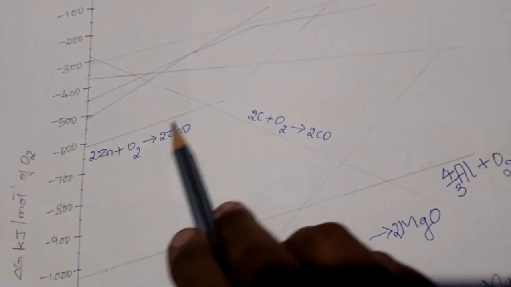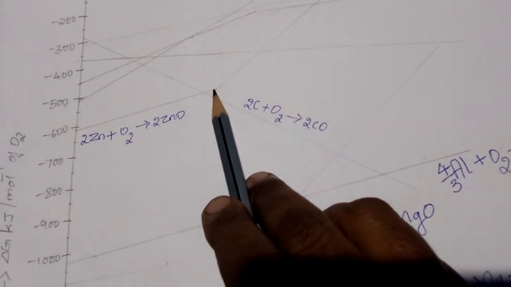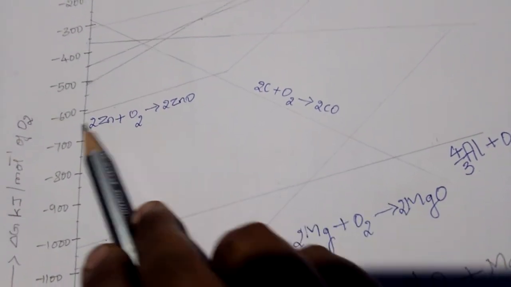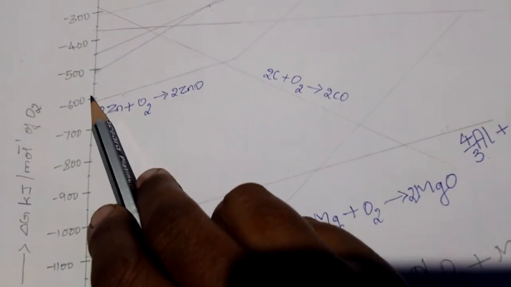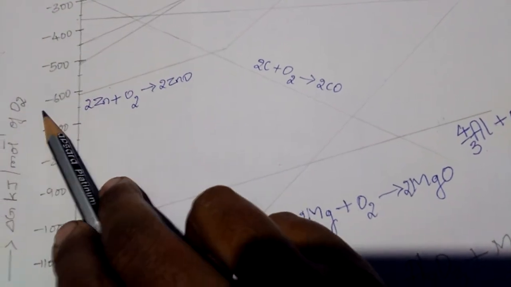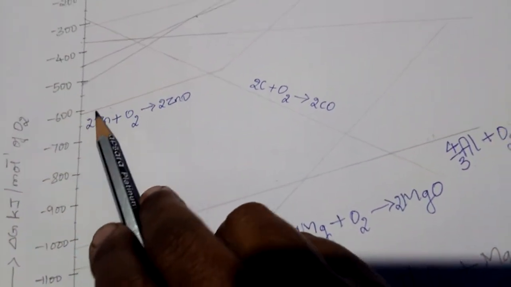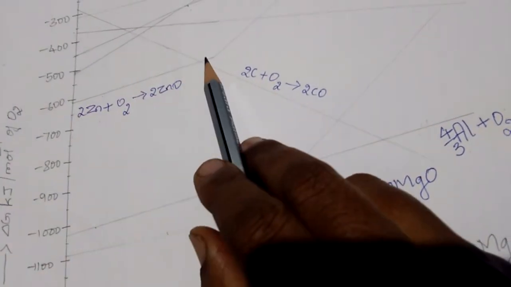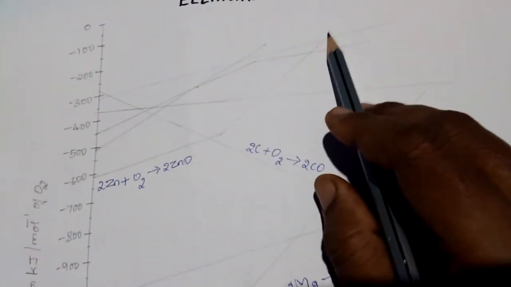Okay, so this line is for the formation of zinc oxide by consuming 1 mole of oxygen. So delta G is above minus 600. But as the temperature is increasing, delta G values go on decreasing, and then it suddenly increases.